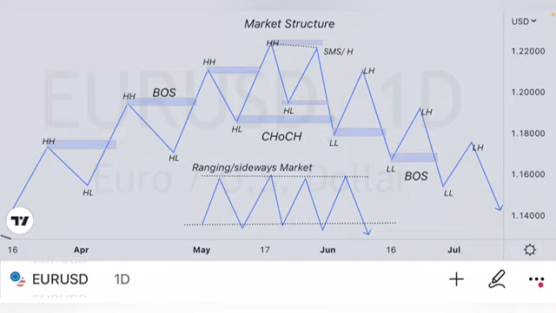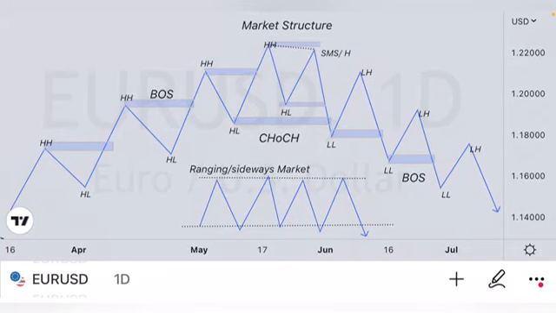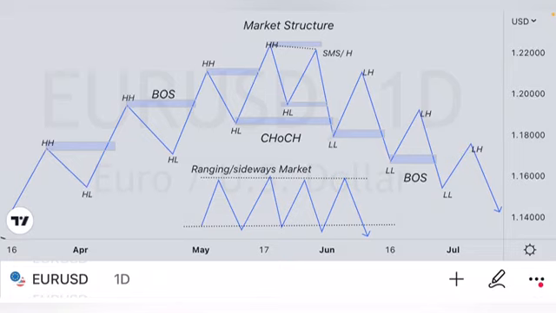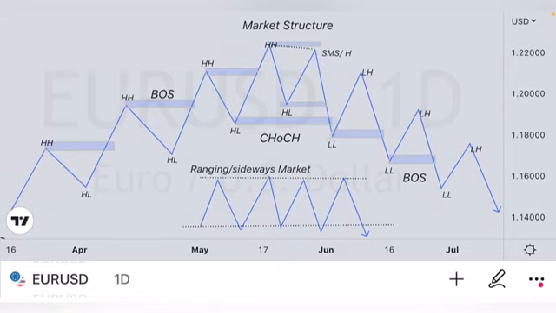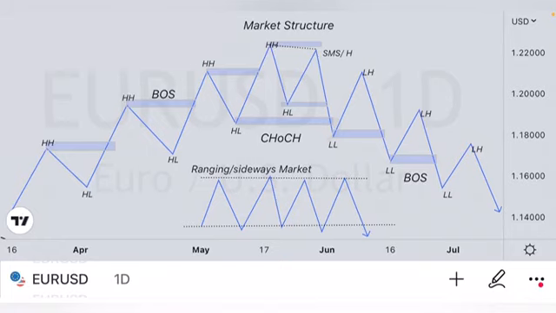So the structure that we are talking about has two types. We have break of market structure and we have change of character. Break of market structure is the main structure that tells you the direction. It gives you your direction, either your buy direction or your sell direction.